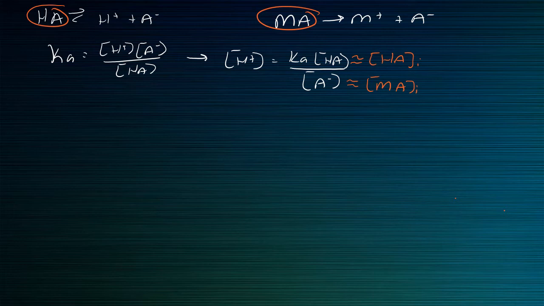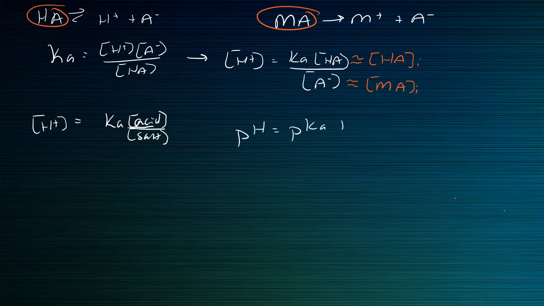So this allows us to rewrite the calculation as H plus equals Ka times the concentration of your acid over the concentration of the salt initially. So then we can take the logarithm of it all, and so pH equals pKa plus the log of your salt over your acid.